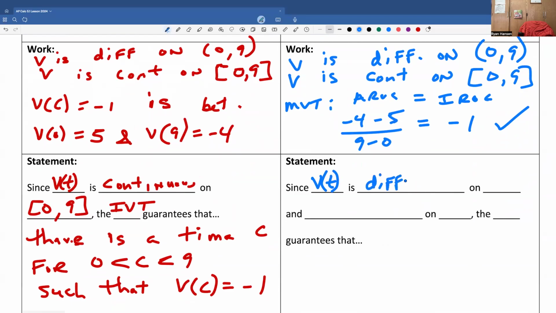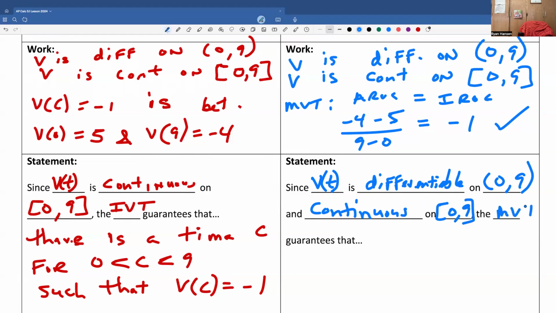Differentiable on the open interval 0 to 9, which implies that it's continuous on the closed interval 0 to 9. I know this is frustrating.